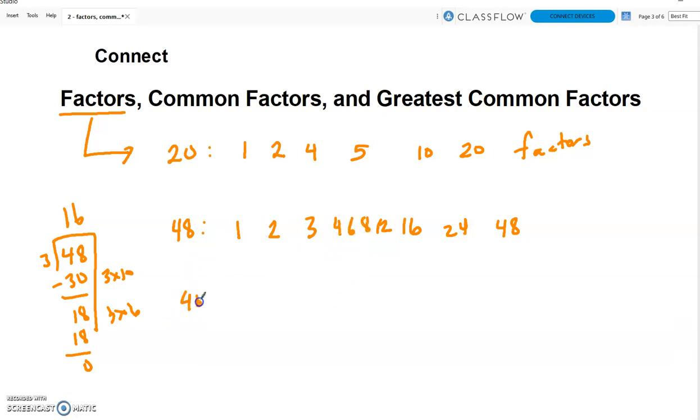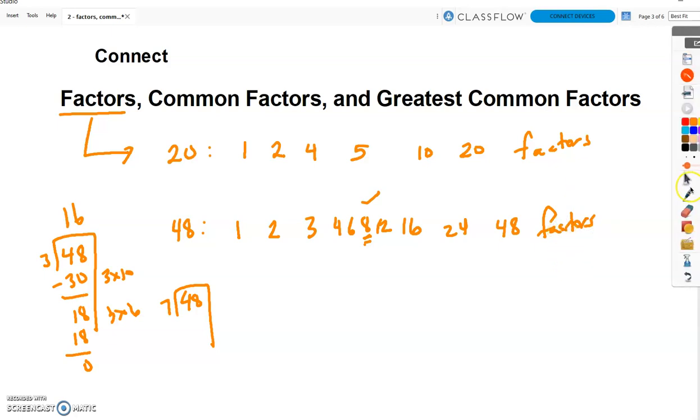Can I divide 48 by 7? You probably know you can't, right? Because 7 times 7 is 49. And so 7 times nothing is 48. And so the next thing I would try is 8, but 8's already on my list. And once I get to something already on my list, I know I'm good. I don't have to do it anymore. So here's my list of factors of 48. Has a lot. I picked 48 on purpose because it has a lot.